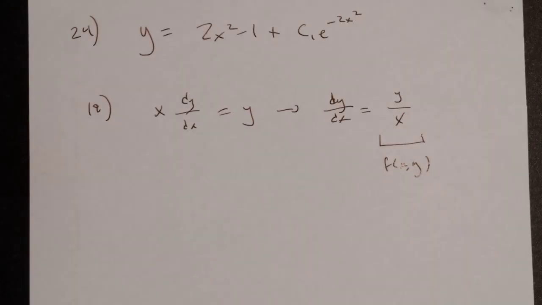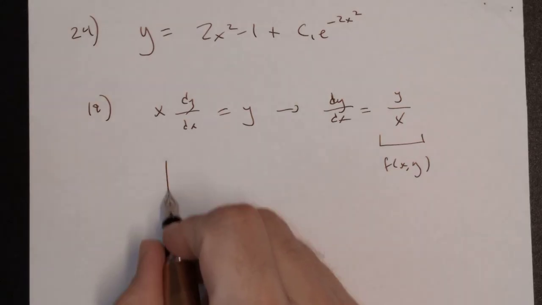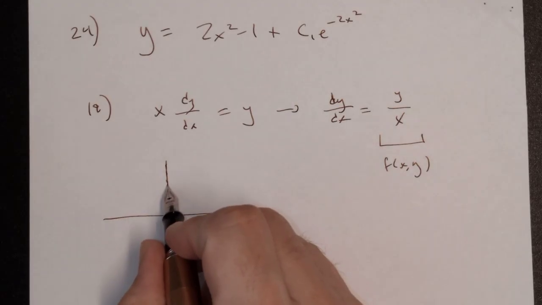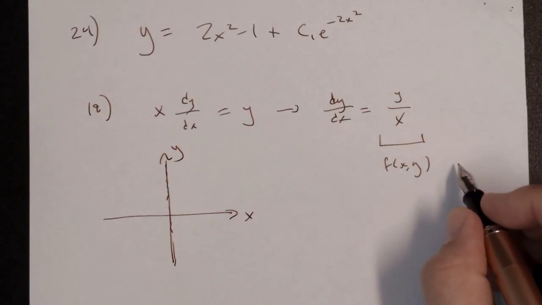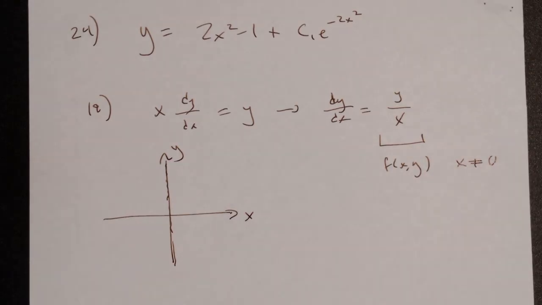And now I'm going to ask where this function is defined and continuous, and where its partial with respect to y is defined and continuous. Let's just start with this function. Where is this function messed up? When x equals 0. So really, as long as I'm away from the y-axis, I'm okay.